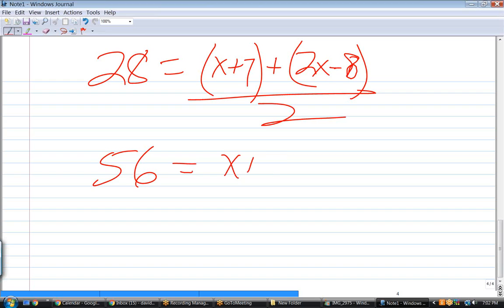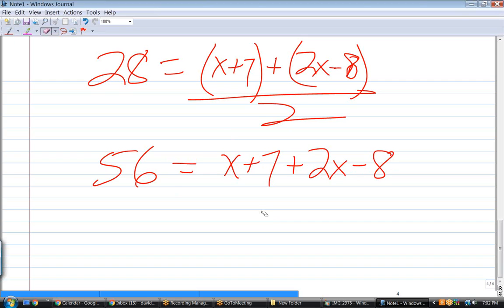Now, I don't need that set of parentheses, and I don't really need that set of parentheses because they're being added, not subtracted. In other words, if that was a negative sign, then I would need this set of parentheses because that negative sign would have to be distributed to both of these terms. But since that's a plus sign, I don't need the parentheses. I can write it exactly like this.